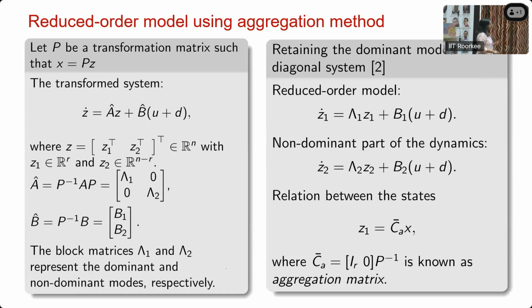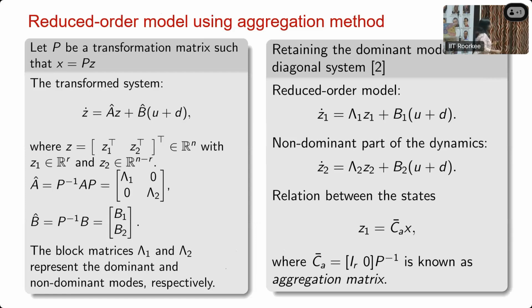This matrix CA bar, which is called the aggregation matrix, gives a relationship between the dominant modes of the system and the full order system states X. So the full order system state X is related to Z1, the state of the reduced order model, using this matrix CA bar.